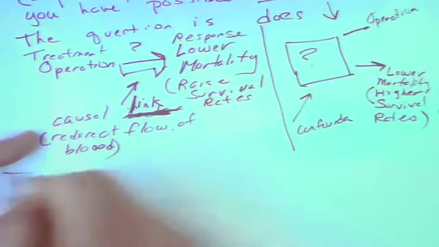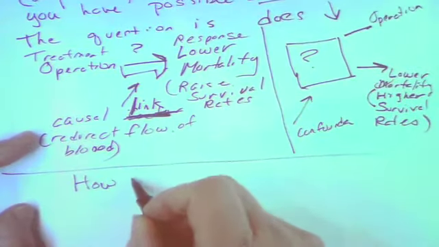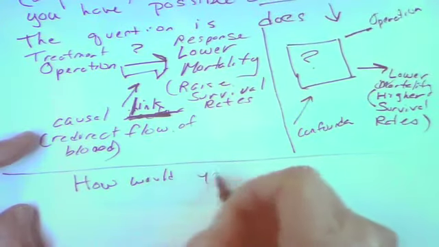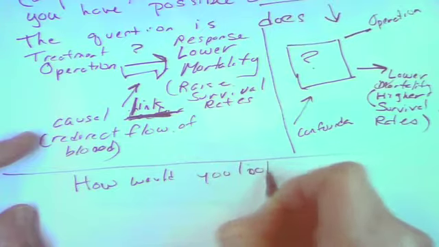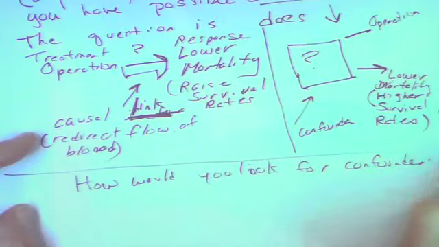So, how do you find the confounders? How would you look for those? Here, what would you do?